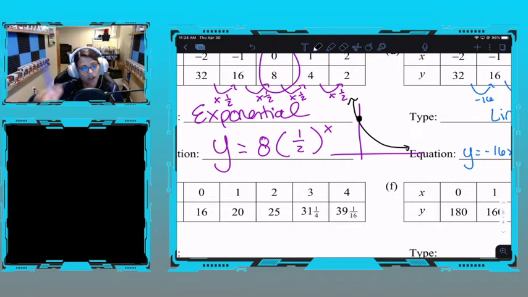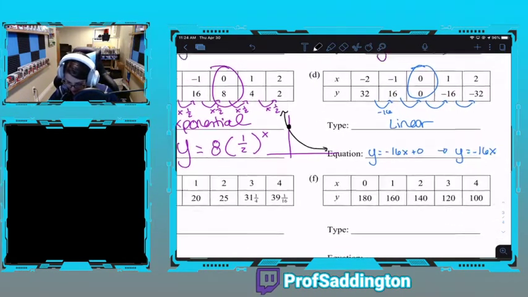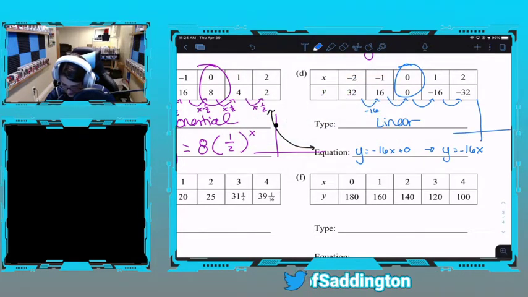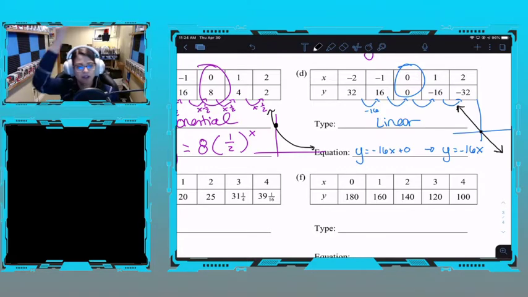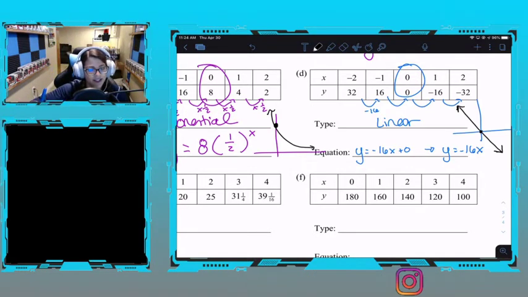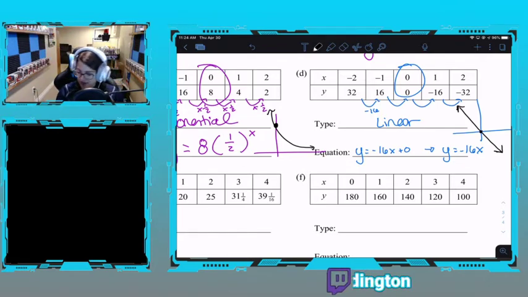It would be a downward curve, whereas a line, this one specifically goes to the origin, would look something like that. Very straight, rigid, shows that constant, whereas exponential, it's going to have a curve, whether it's decay or growth would be going up.